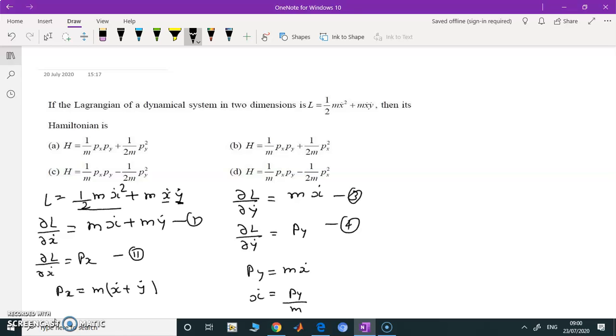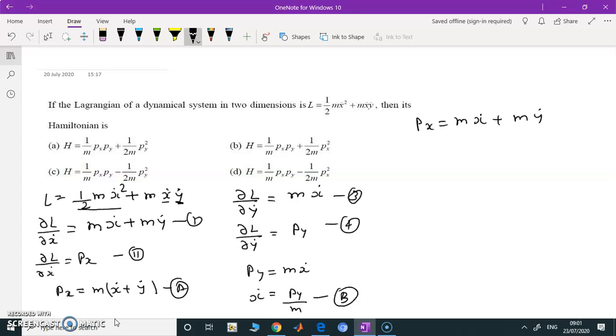So we have to calculate y dot also. What will be the y dot? Suppose this is equation number b and this is a. We'll put equation number b in equation number a. So px is equal to m x dot plus m y dot.